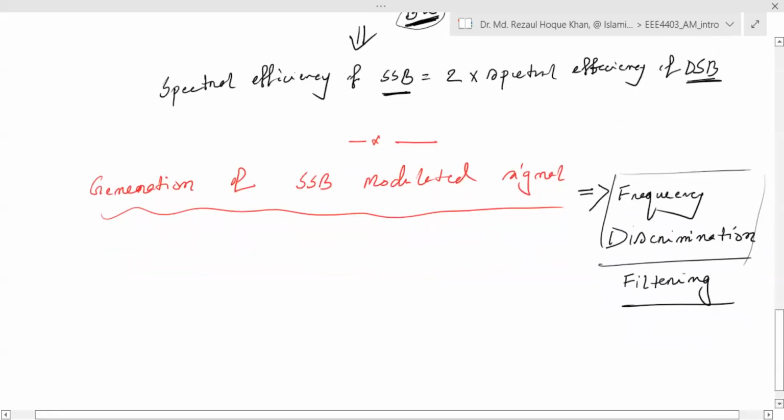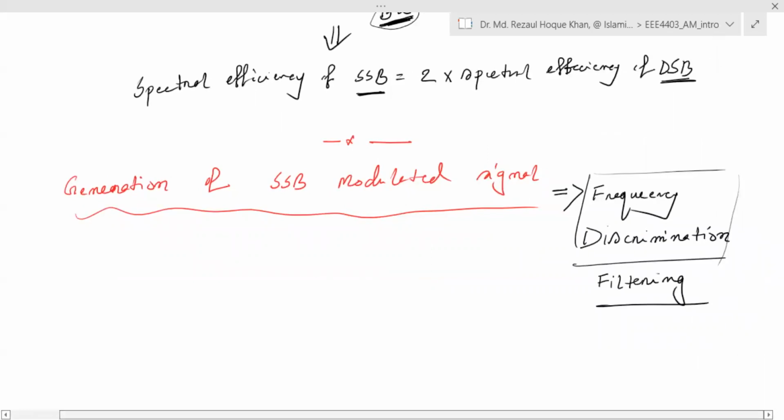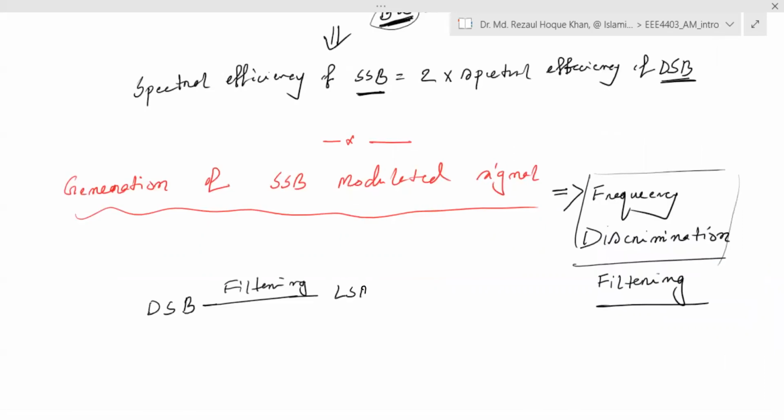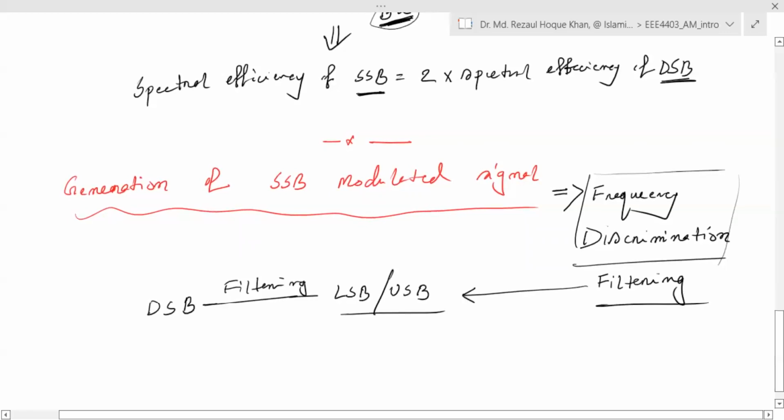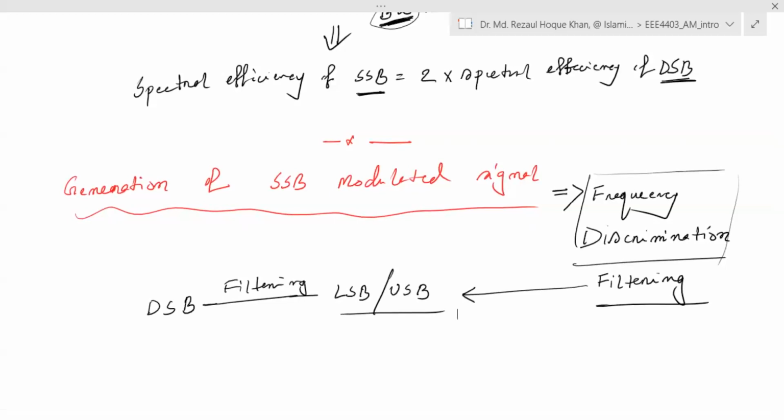Initially you have a DSB signal, then you do the filtering to keep one of the sidebands, either LSB or USB. By this filtering technique you can have one of the sidebands.